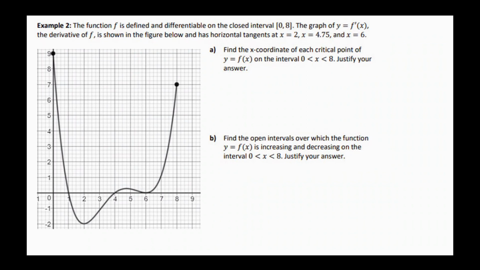Justification: because f prime is positive, or f prime is greater than 0. That's where it's positive, okay? Decreasing, the only place it's decreasing is from 1 to 4. Decreasing because f prime is negative, okay?